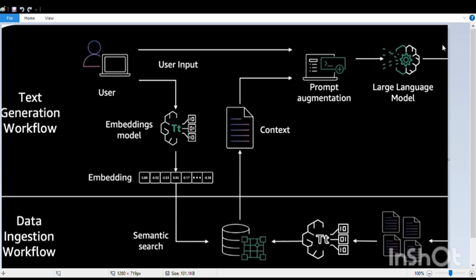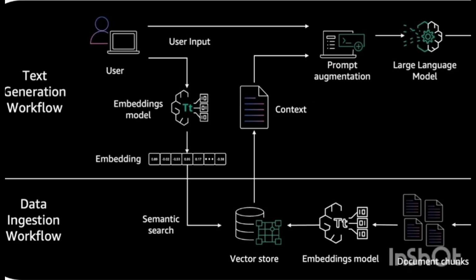RAG provides fresh knowledge and grounded answers, no retraining requirements, strong hallucination control, and enterprise-level accuracy. This is why nearly every real-world AI solution uses RAG today.